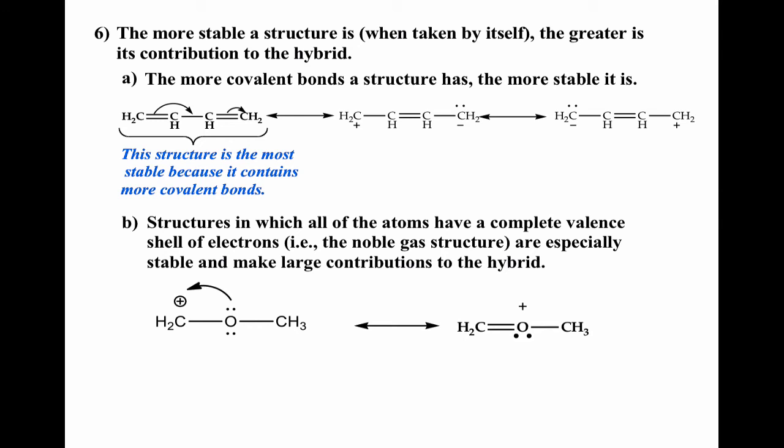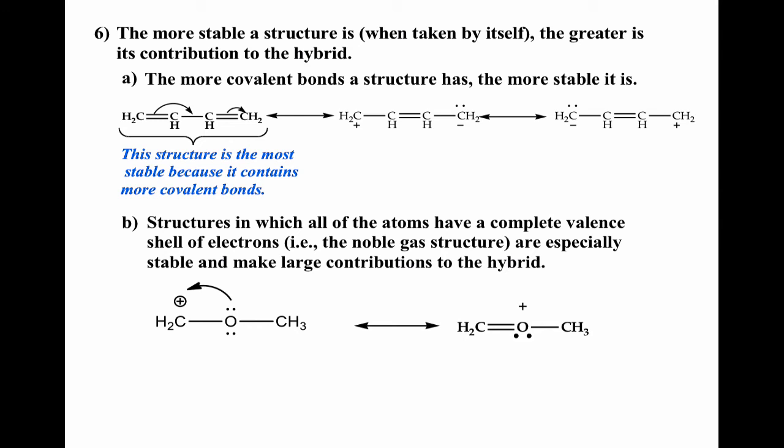This confuses some people. Why would this potentially throw you for a loop? Why would you argue this is not the major contributor of the overall resonance hybrid? You have a positive charge on the oxygen, which is counterintuitive. And why is it counterintuitive? It's more electronegative. And you would argue, well, shouldn't carbon bear the positive charge because it's more electropositive, right?